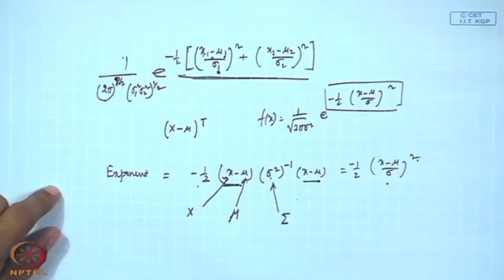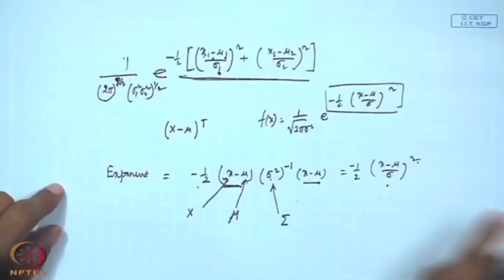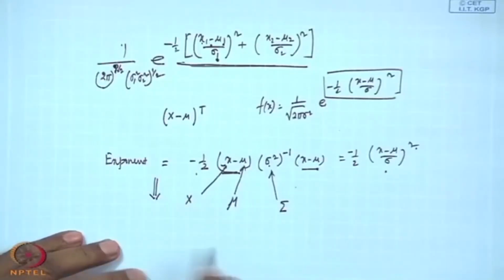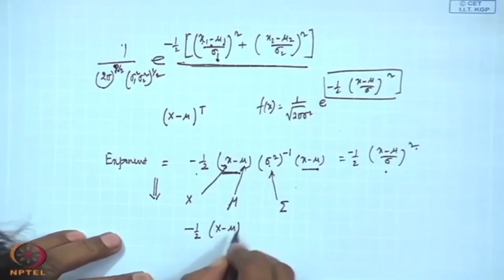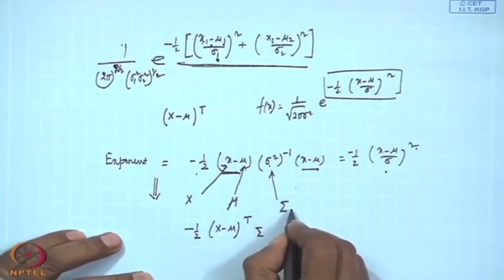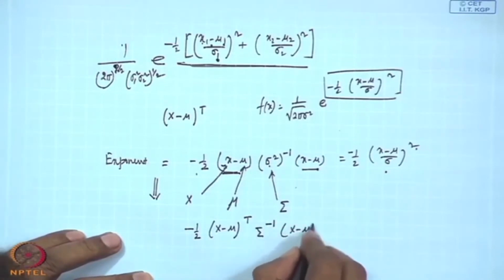In matrix multiplication, the square is the transpose of that matrix times the matrix, so we are basically making a square. In the multivariate domain the exponent can be written as x minus mu transpose, sigma to the power minus 1, x minus mu.